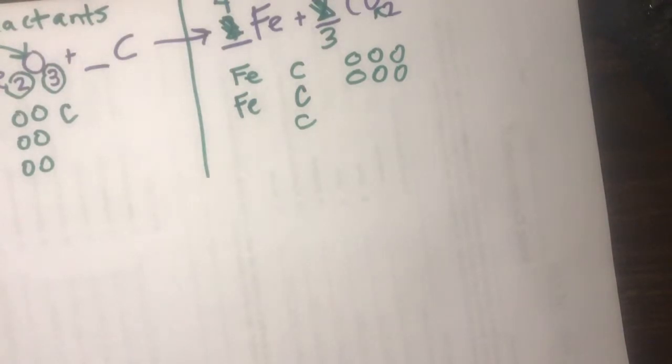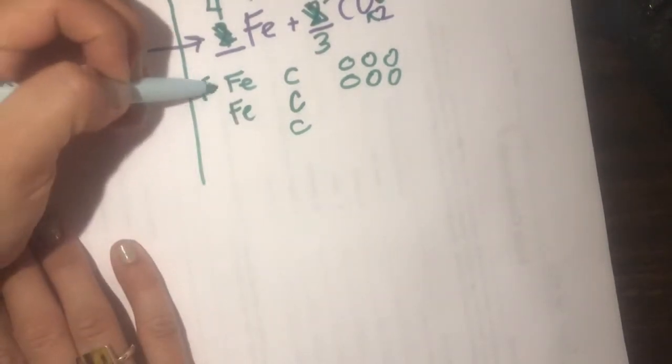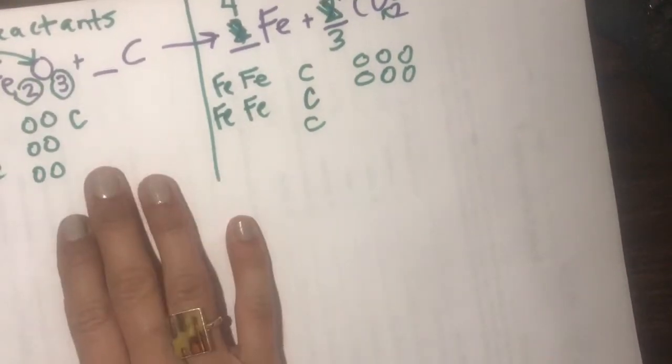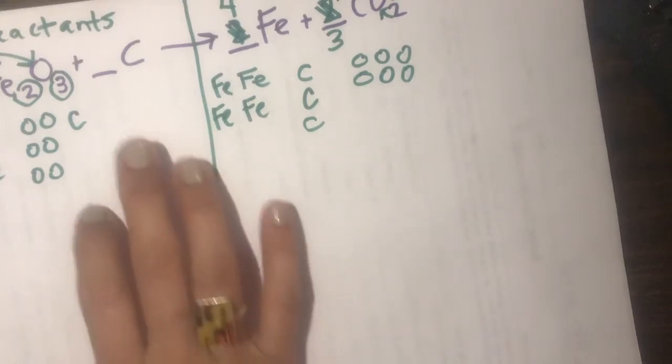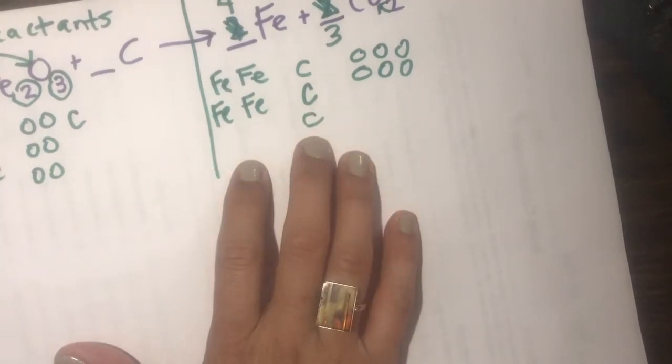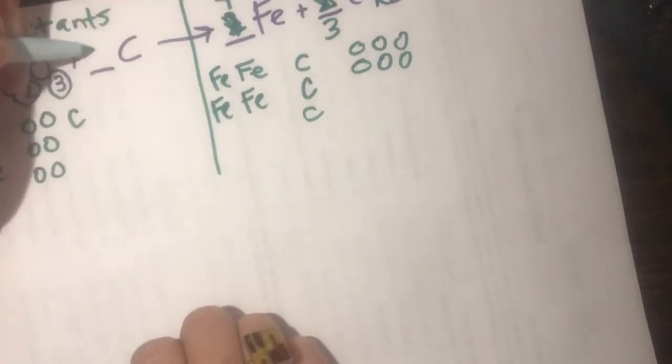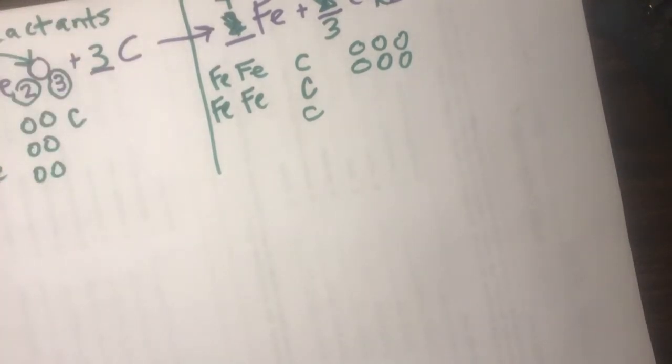Okay, and we're done. I have 4 Fe's, 4 Fe's, 6 oxygens, 6 oxygens. Oh, but my carbons. That's right. What number would I have to put there? 3. Do you guys have any questions, or do you see how we're doing this?